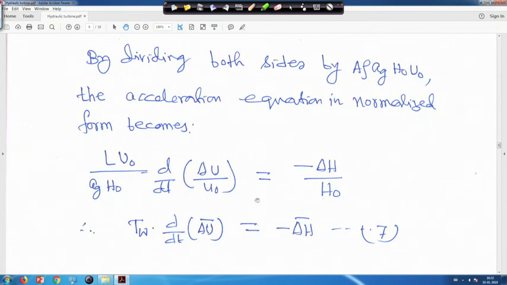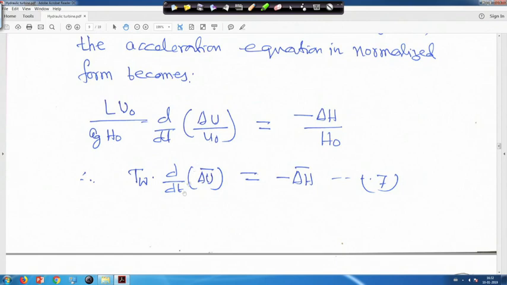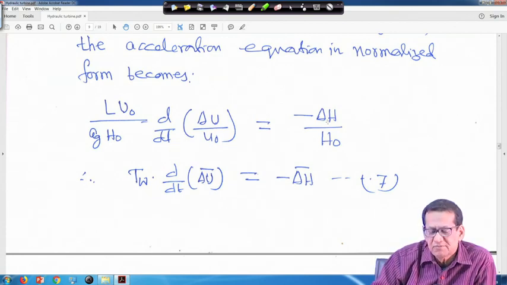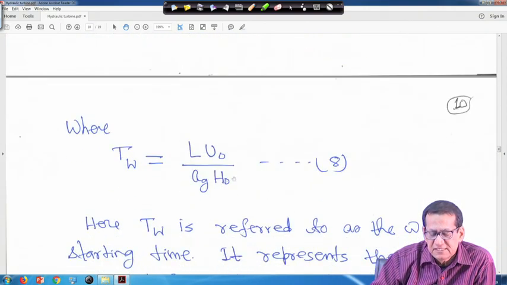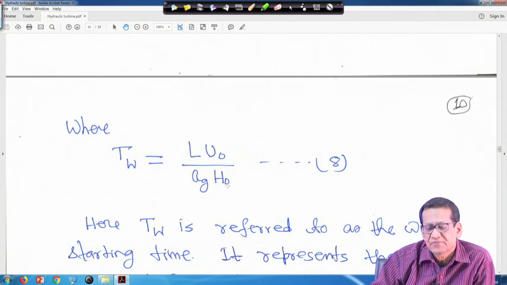Or we can write T w into d dt of delta u bar is equal to minus delta H bar, where T w is equal to L u 0 upon A g H 0.